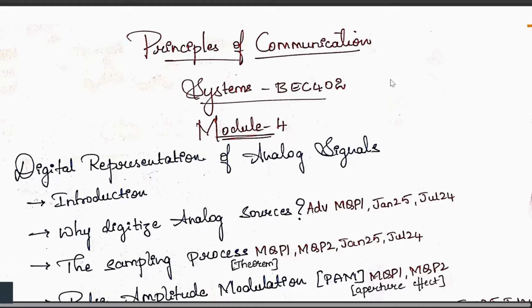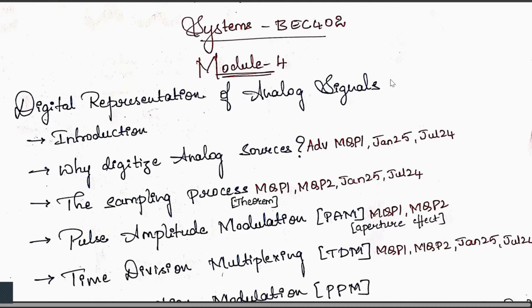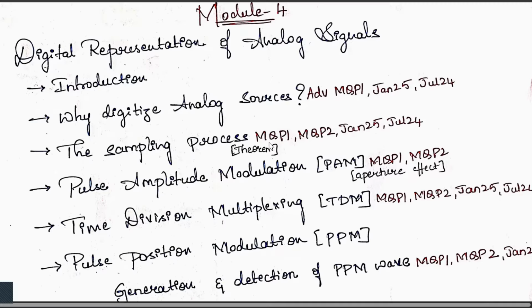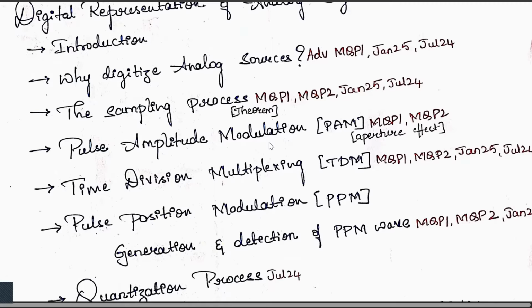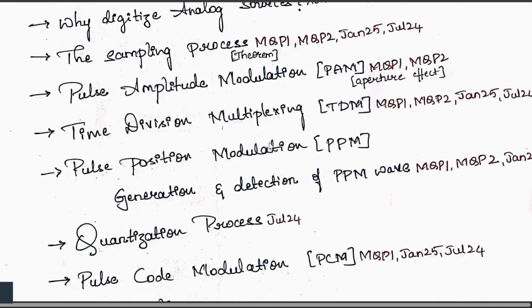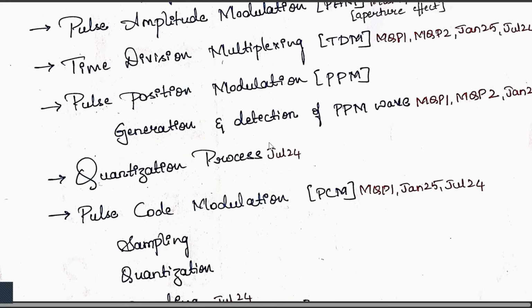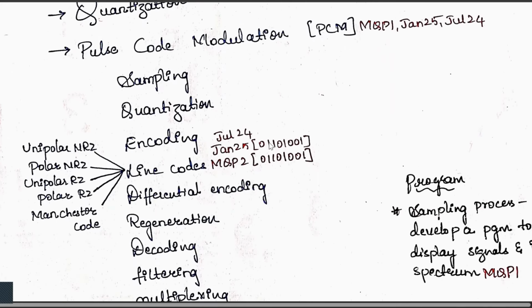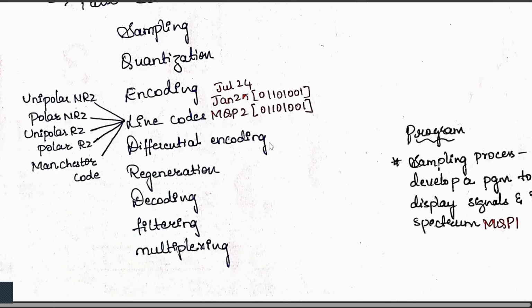In this, we are going to start with the digital representation of analog signals, where you will go through why we need digital signals, what the advantages are, the sampling theorem, the most important one, then pulse amplitude modulation, PAM, time division multiplexing, that is TDM, pulse position modulation, PPM, the generation and detection, then the quantization process, then pulse code modulation, that is PCM, in that sampling and quantization, encoding, line codes, differential encoding, regeneration, decoding, filtering, multiplexing.